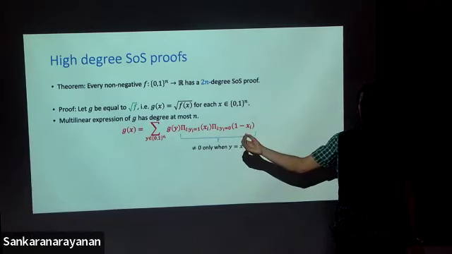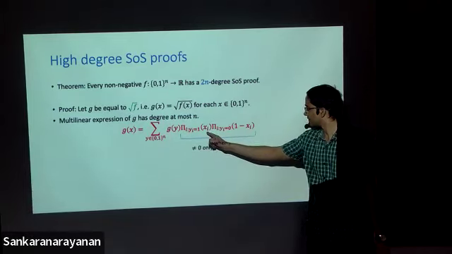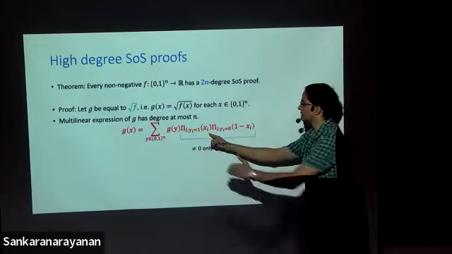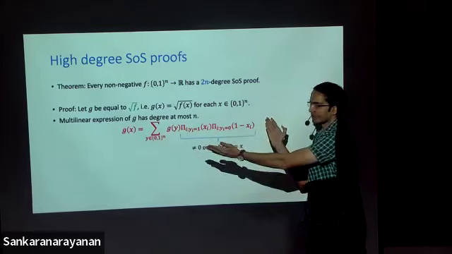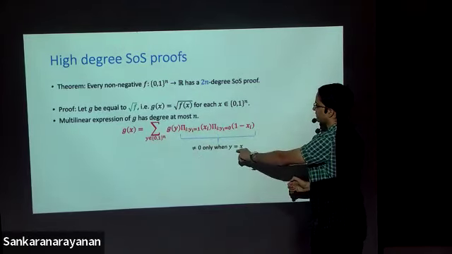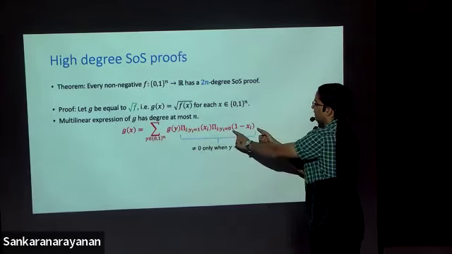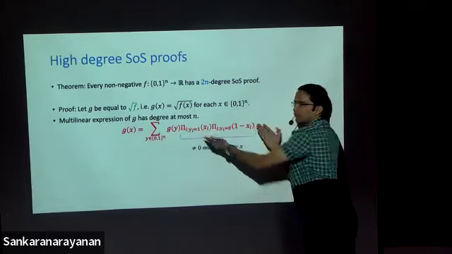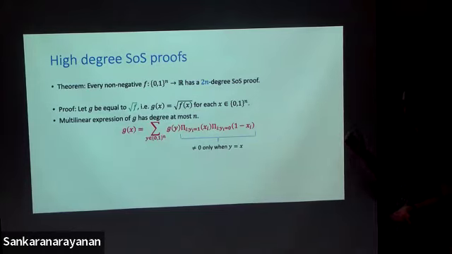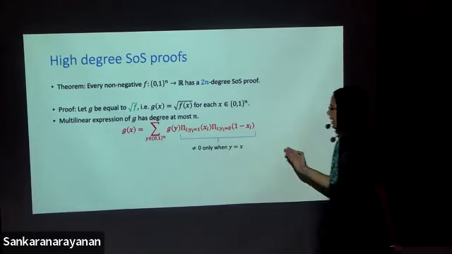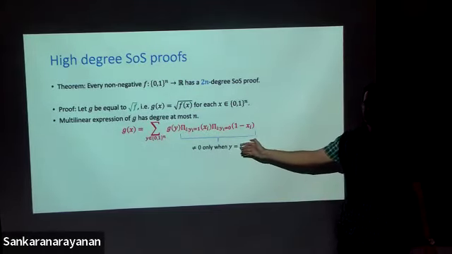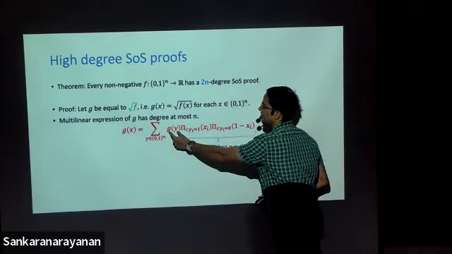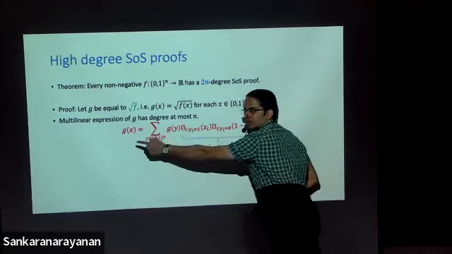If yi is 1, then the corresponding xi is 0, so this whole product becomes 0. If the ith coordinate where they differ has value 0, then xi is 1, so 1 minus xi is 0, and this whole product becomes 0. So this product is equal to 1 when y is equal to x and 0 otherwise. When y is equal to x, the value that you get is g of x. Therefore, it's equal to that.